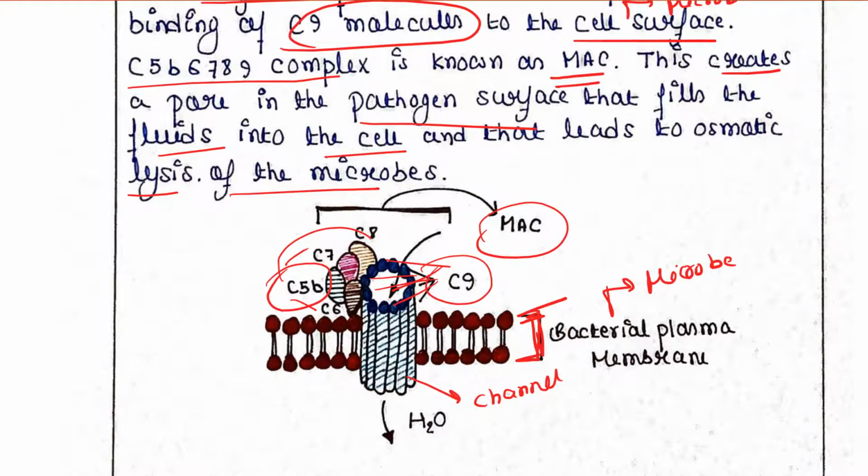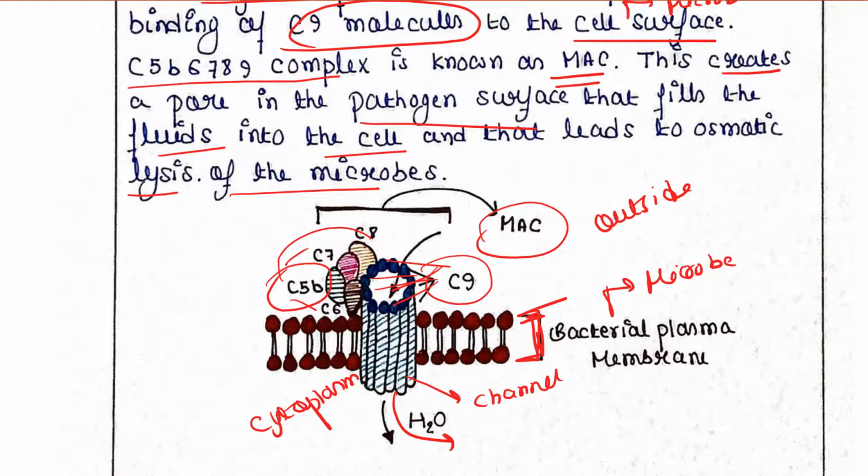When this channel is formed, water or fluid can enter the cell cytoplasm from outside. This is the cytoplasm. And when fluid enters into the cytoplasm of a cell, the cell will burst because of the osmotic pressure.